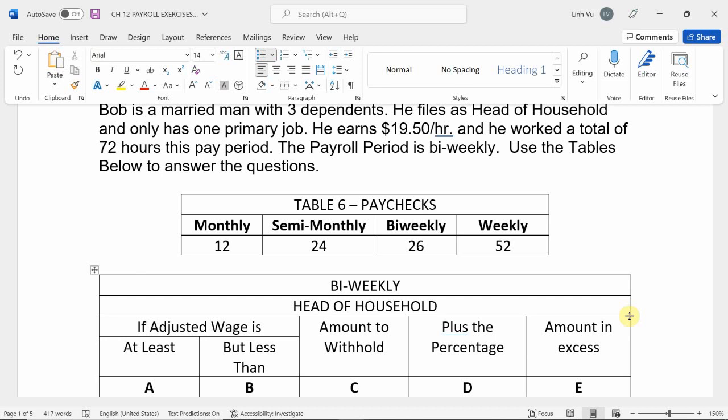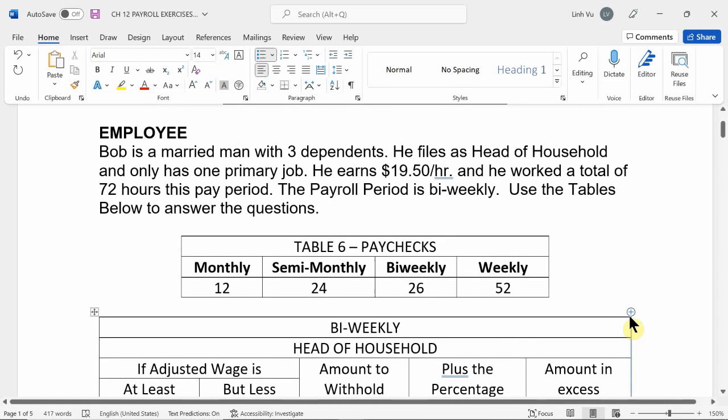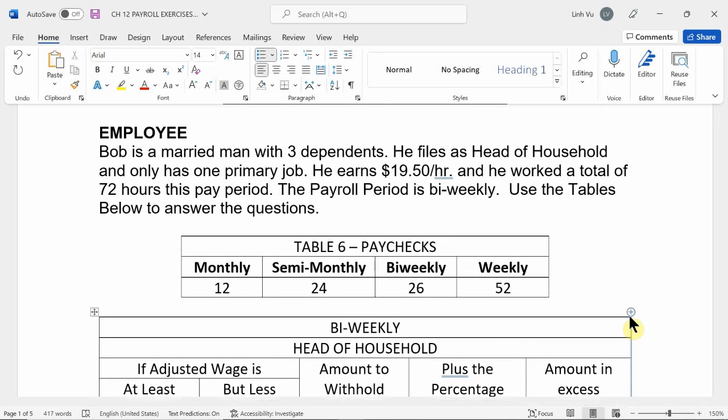He's also filing as head of household, so we get that information on how he's filing his taxes from the W-4. Okay. What else? He wants taxes withheld as head of household, and he has dependents.